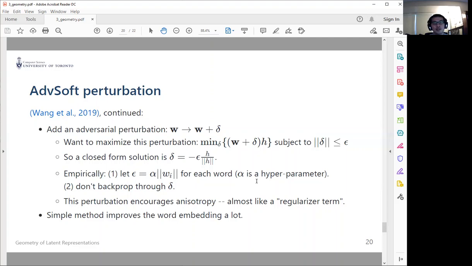Essentially, this perturbation encourages the anisotropy. It's almost like a regularizer on the h vector, and they call the h vector the context vector. And this simple method improves the word embedding a lot, also on PennTreebank, Wikitext, and translation, etc.